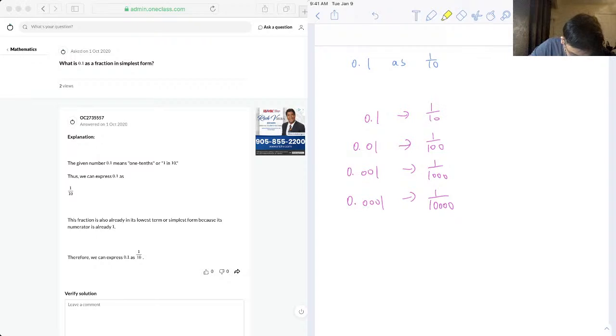So we have 1 zero here, so it's 1 zero in the denominator after 1, and we have 2 zeros here, we also have 2 zeros there. We have 3 zeros here, we also have 3 zeros there. We have 4 zeros there, and we also got 4 zeros in the denominator. So just a little trick. Right. I think that's it for this question.